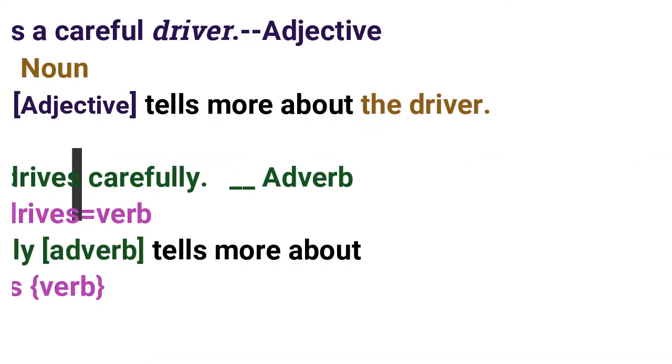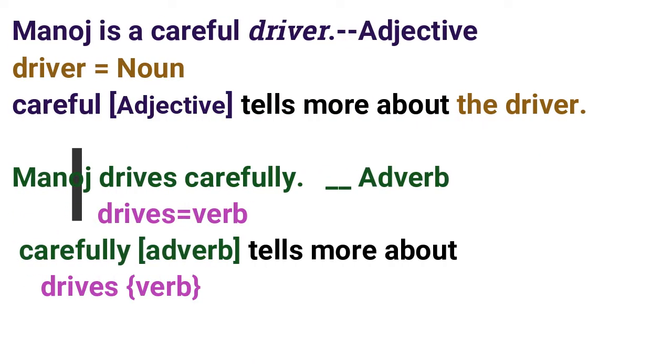Drives here is an action verb. So, how is Manoj driving? How is the action taking place? Carefully. So, carefully is an adverb. An adverb tells us more about a verb, an adjective, or another adverb.